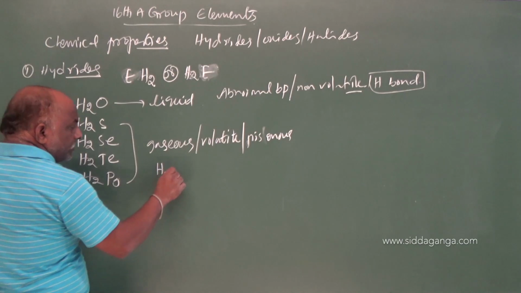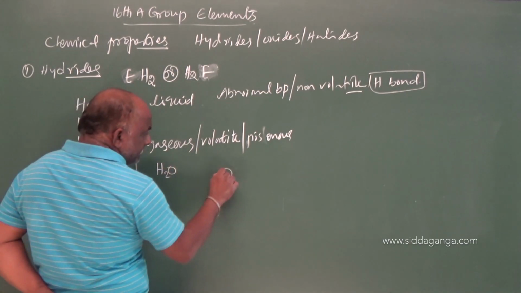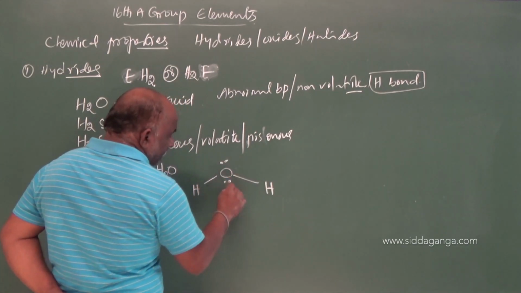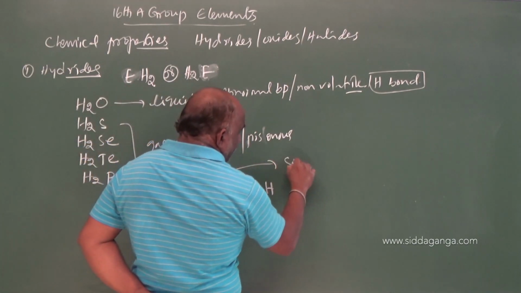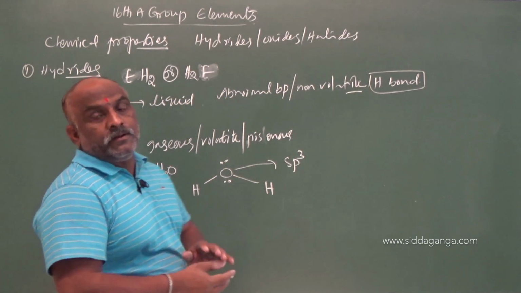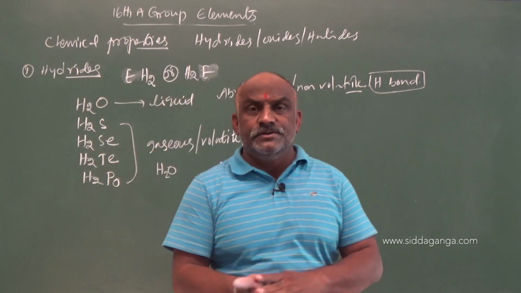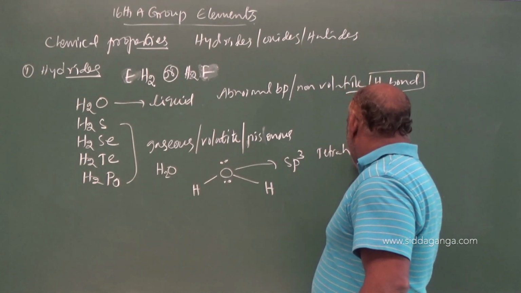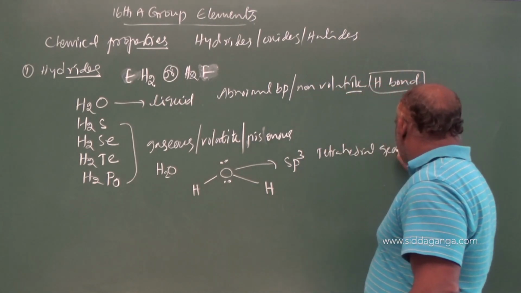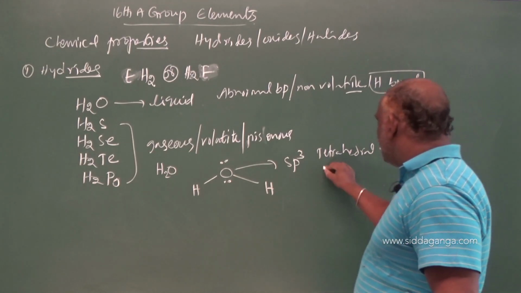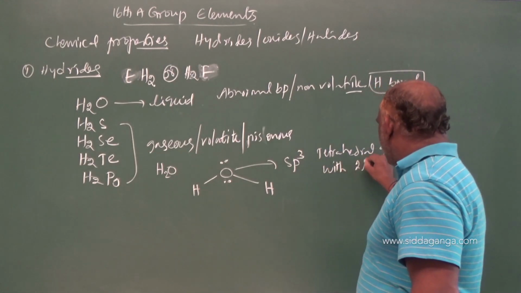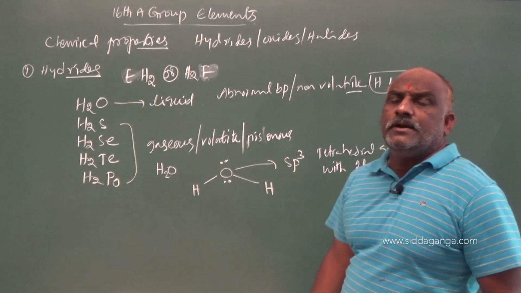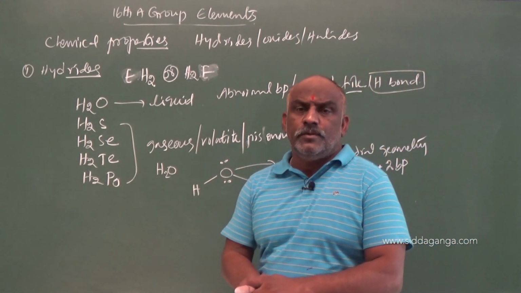See this. While coming to H2O, oxygen undergoes sp3 hybridization. Tetrahedral geometry with 2 lone pairs and 2 bond pairs.